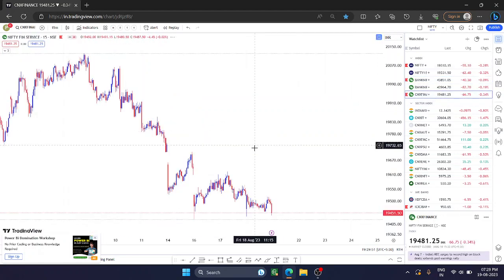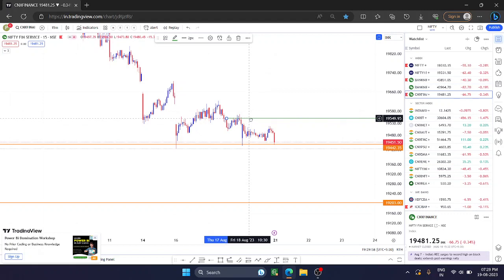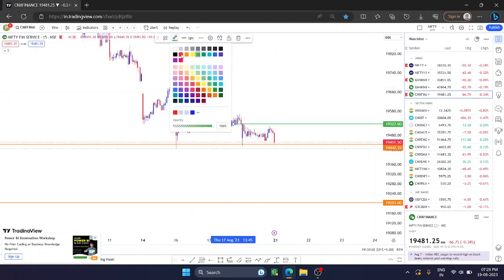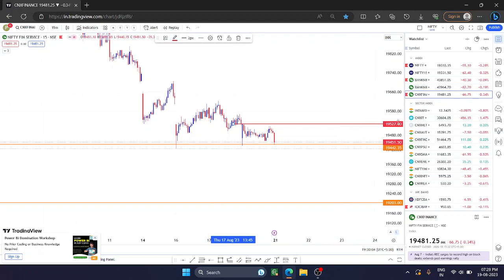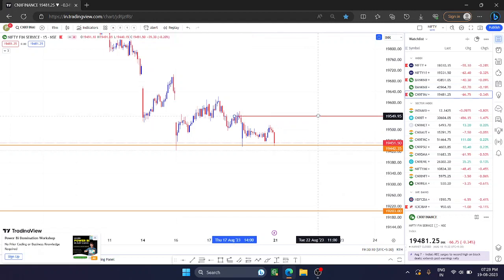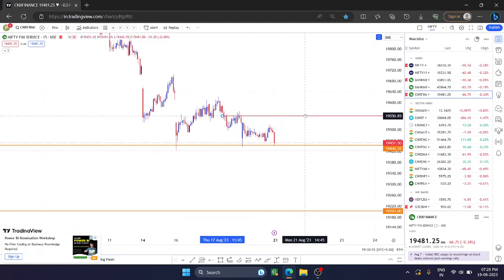Now moving towards Nifty Finance. Nifty Finance, if we see, on an intraday basis, the zone is 19,530. Only above that can we plan for buying. If you want to play safe, you can go for 19,950.